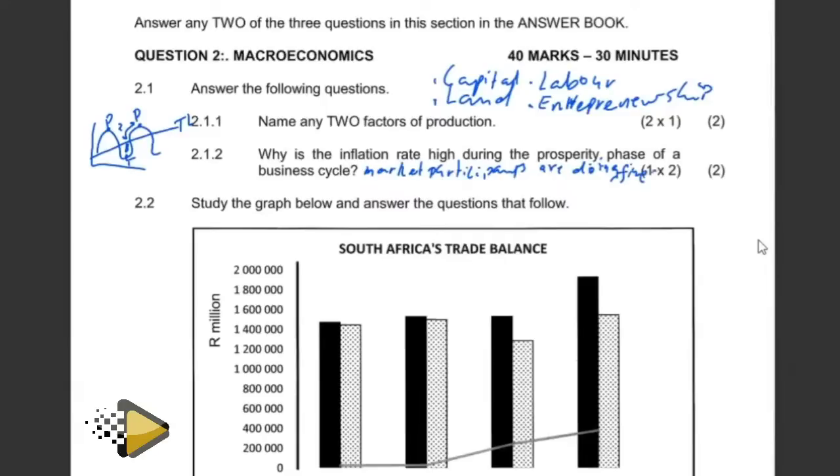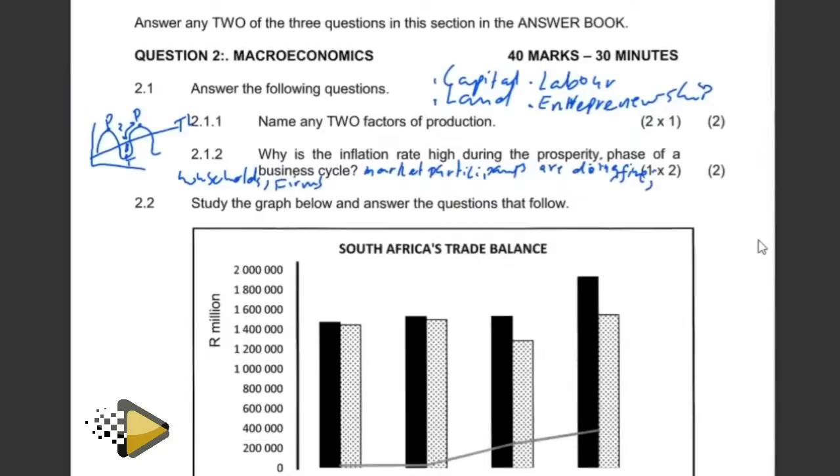So we are saying that households as one of the market participants, and also firms, as well as the government, are making a good initiative. So market participants are doing fine.